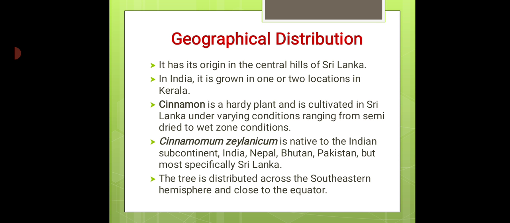Cinnamomum zelanicum is native to the Indian subcontinent, India, Nepal, Bhutan, Pakistan, but most specifically Sri Lanka. The tree is distributed across the southeastern hemisphere and close to the equator.